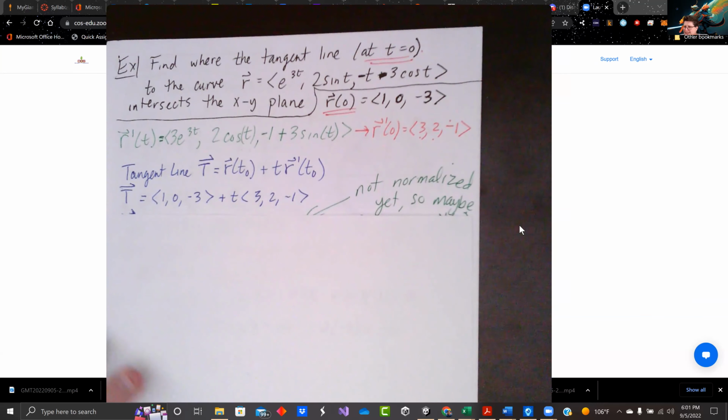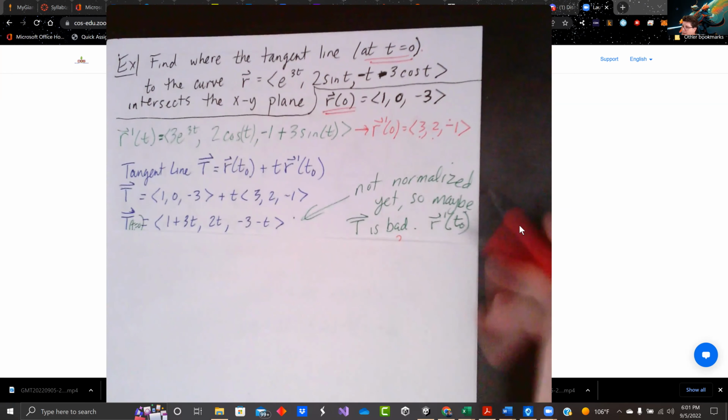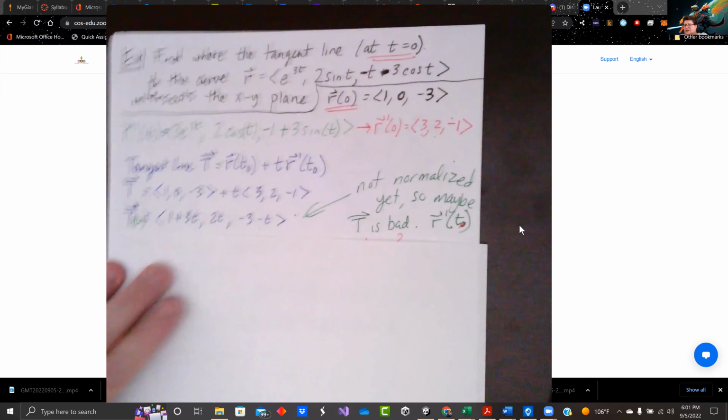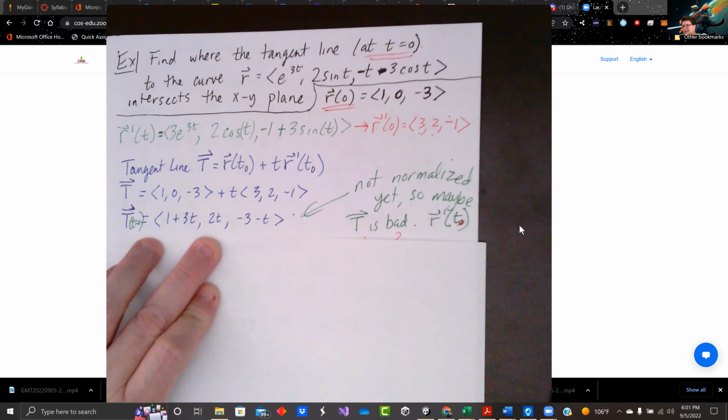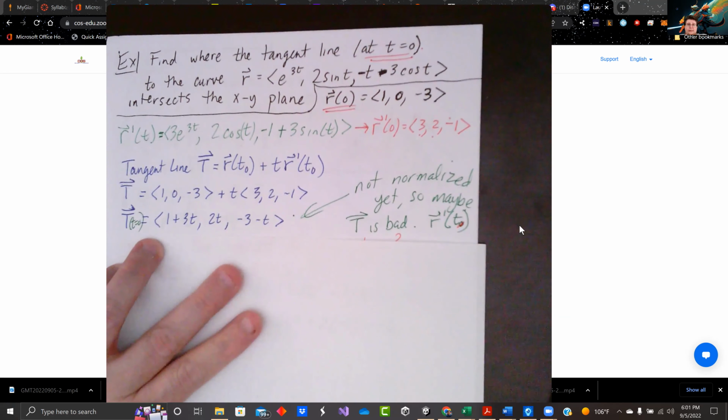I shouldn't have really used t because t is a normal vector. This is not normalized. So maybe I should just leave it as like r prime of t at that point. Combining into one vector, I've got <1 plus 3t, 2t, -3 minus t>.